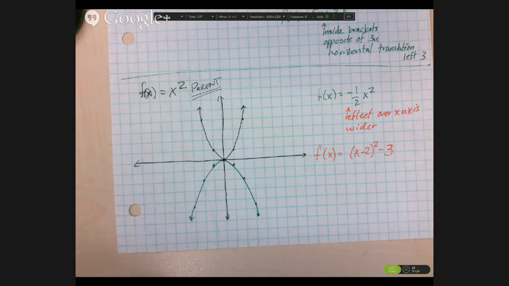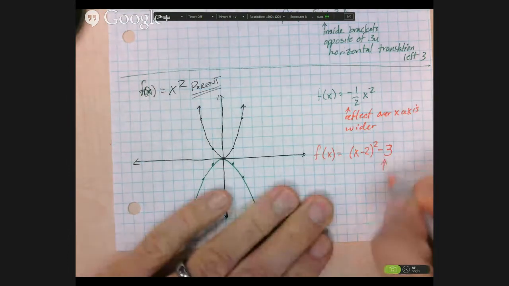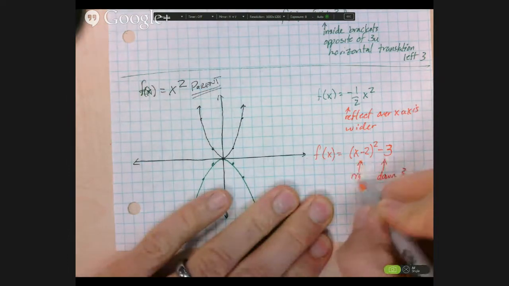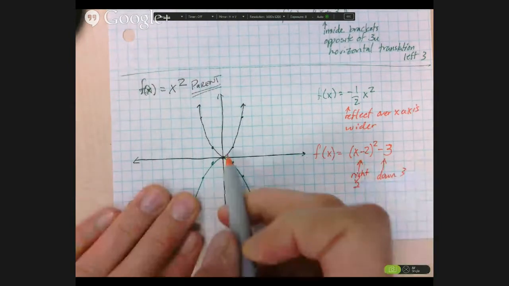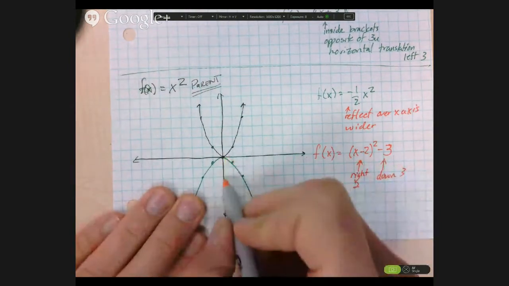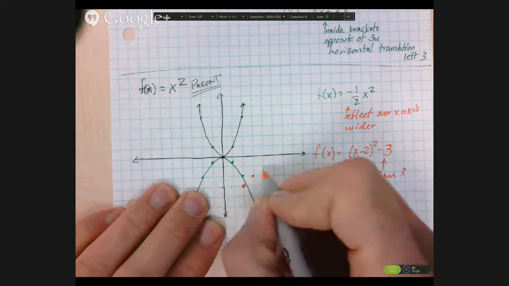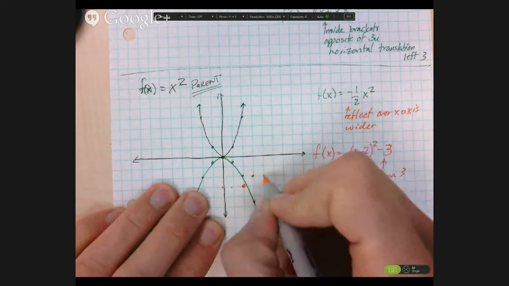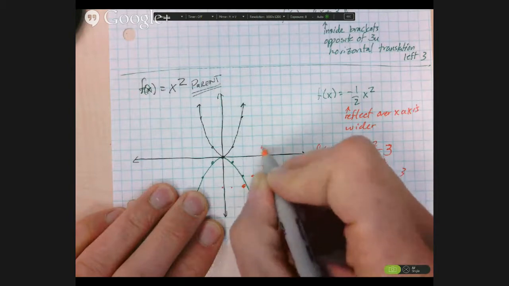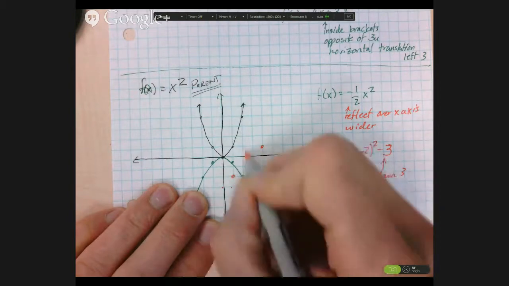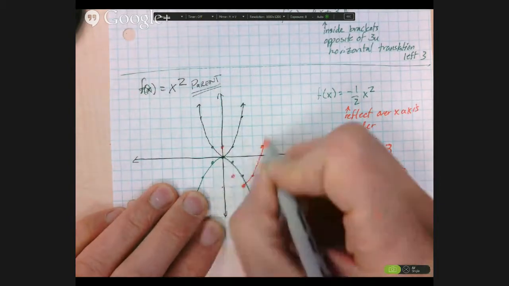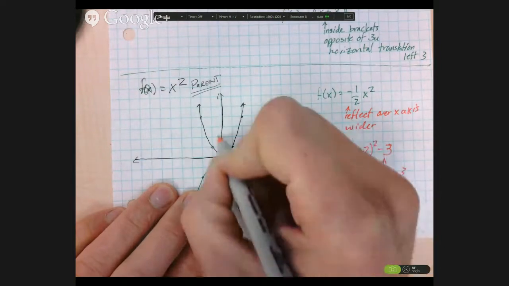Anybody? Down 3? Down 3 and to the right. Yep. So we take the original parent, down 3, right 2, and just copy it. And we have our graph.